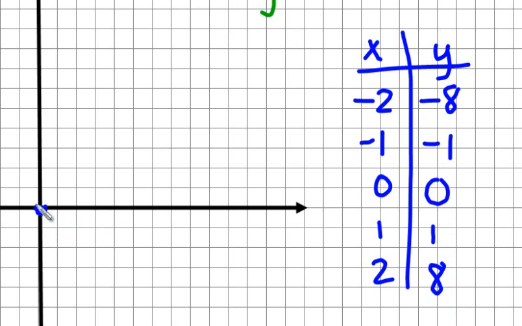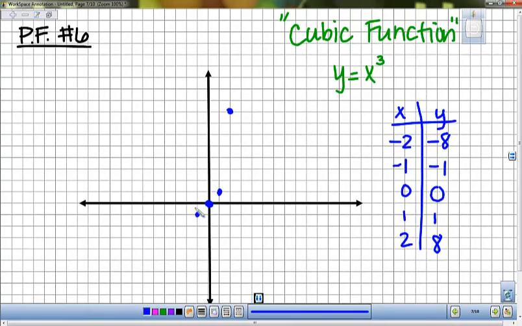Okay, so let's plot those points and see what shape this gives us. So we go 1, 1, and 2, 8, negative 1, negative 1, negative 2, negative 8. So this starts in your quadrant 1, goes through the origin and down into quadrant 3.